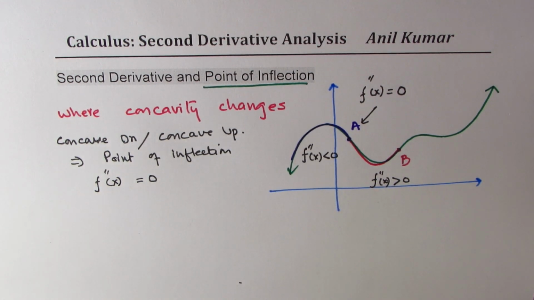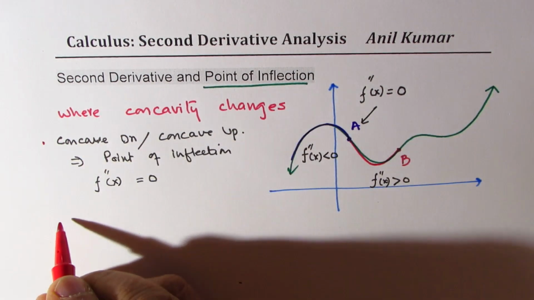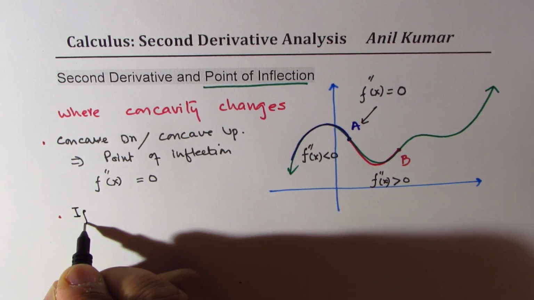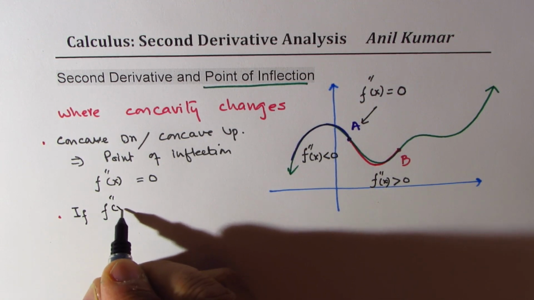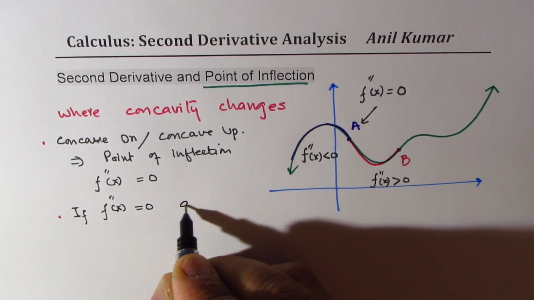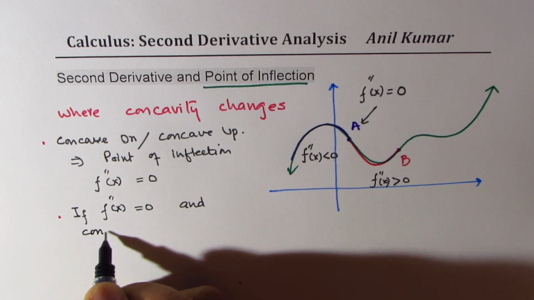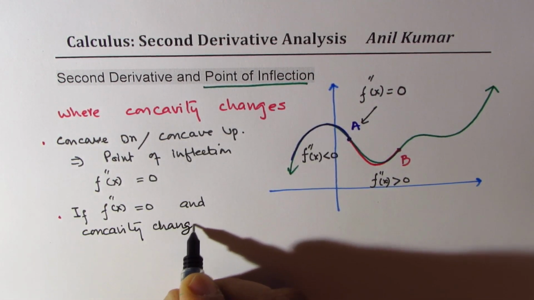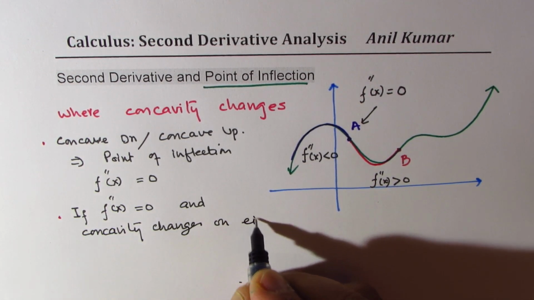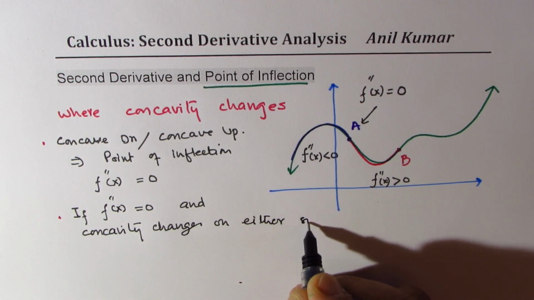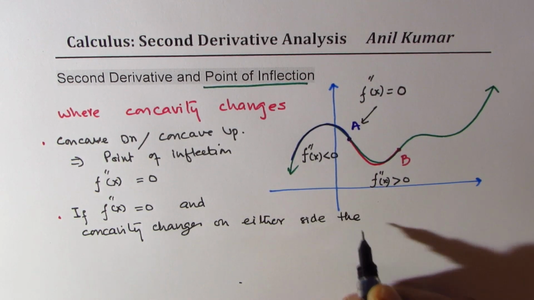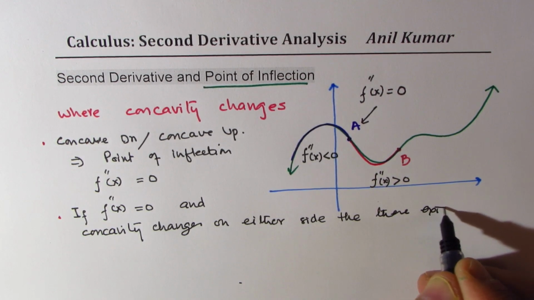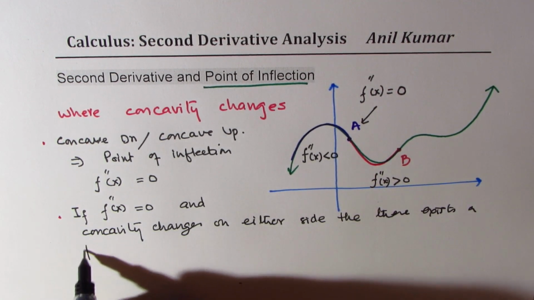So if the second derivative is equal to 0 and concavity changes on either side, then there exists a point of inflection.